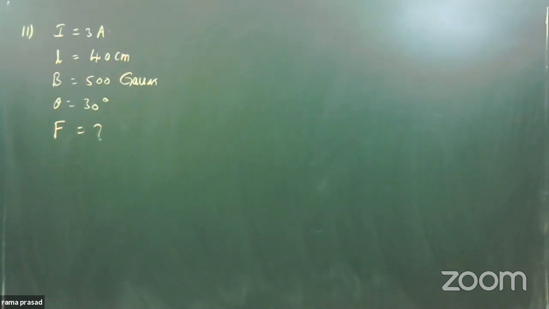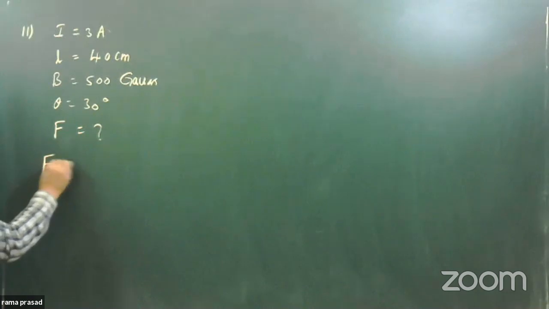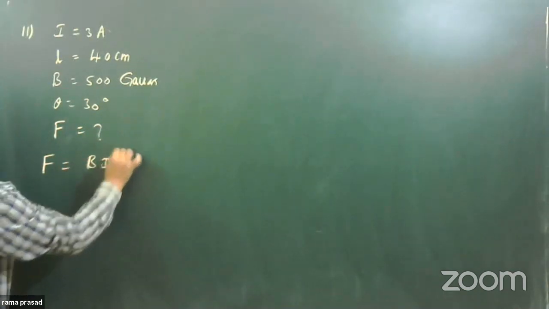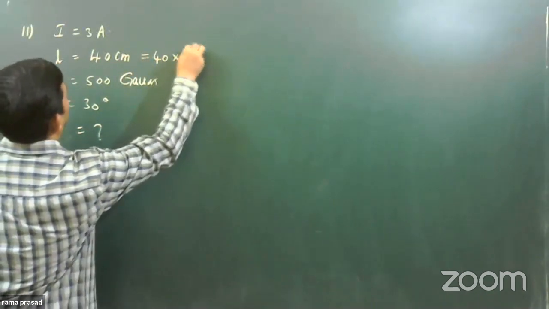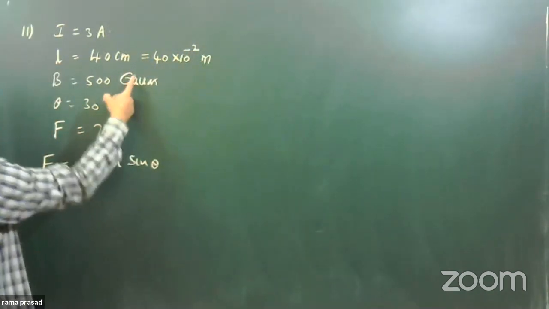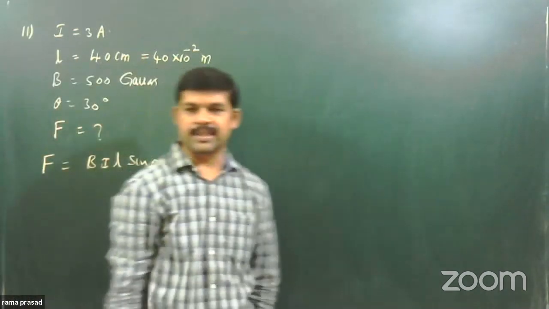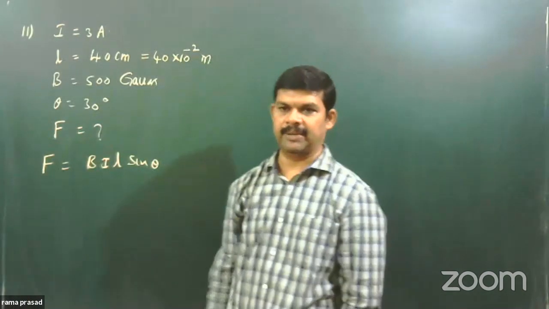Which formula? Whatever we used here. Force acting on the conductor is BIL sin theta. But if you observe the problem, the length is in centimeter, and here you have a unit Gauss. Gauss is the CGS unit of magnetic field strength.